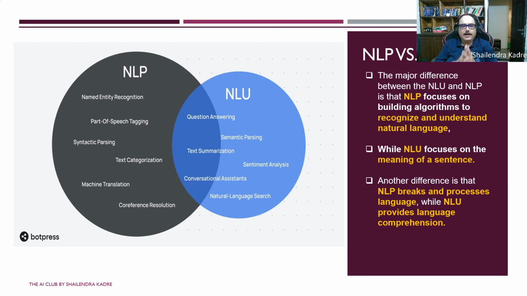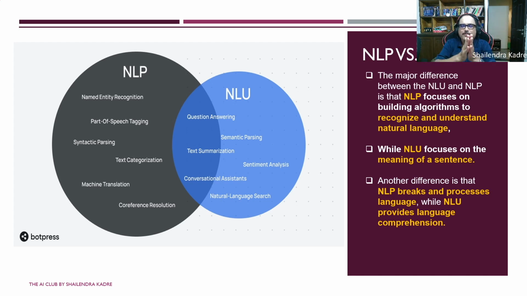In simple terms, NLP breaks and processes the language, like breaking into parts of speech, breaking into names and entities. This kind of breaking up and processing of language is called NLP. And if you go a little deeper, which provides language comprehension, meaning you want to understand the language, that is called NLU.